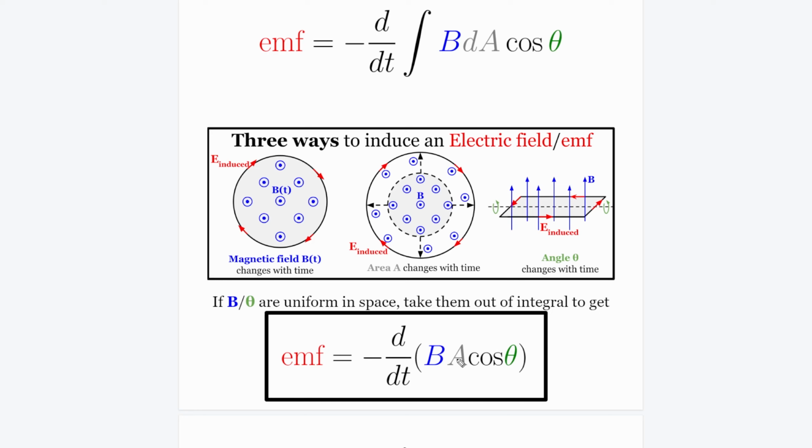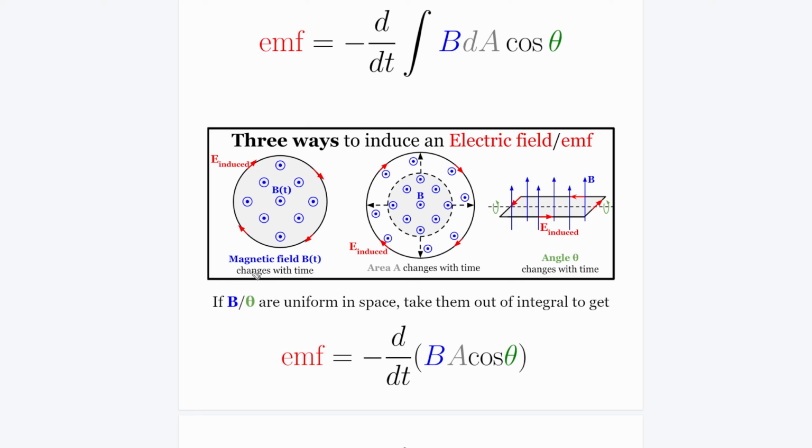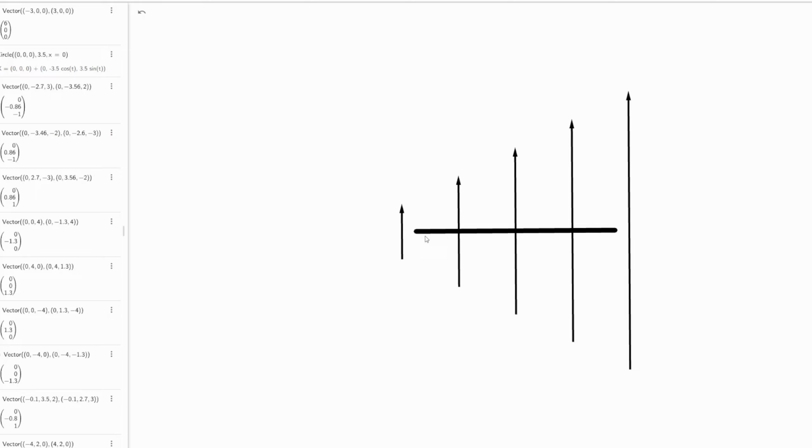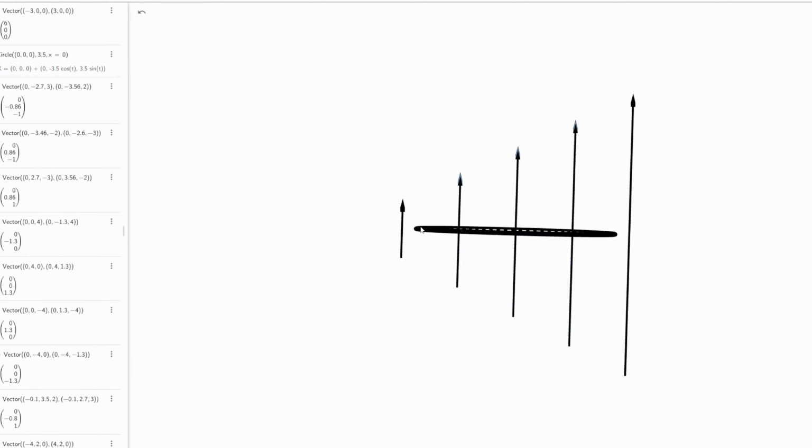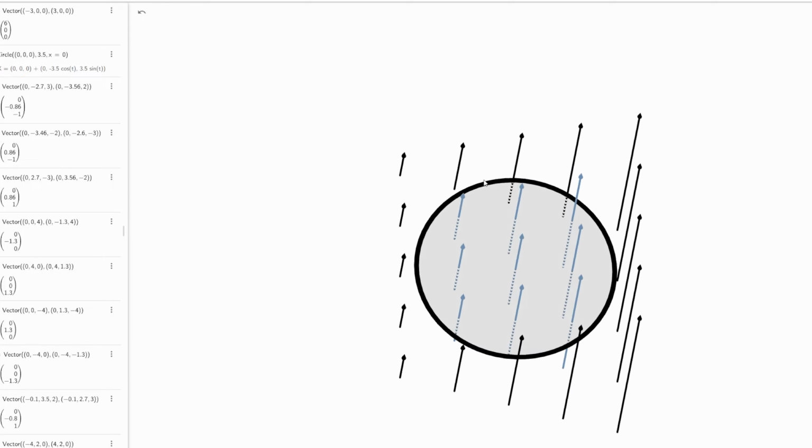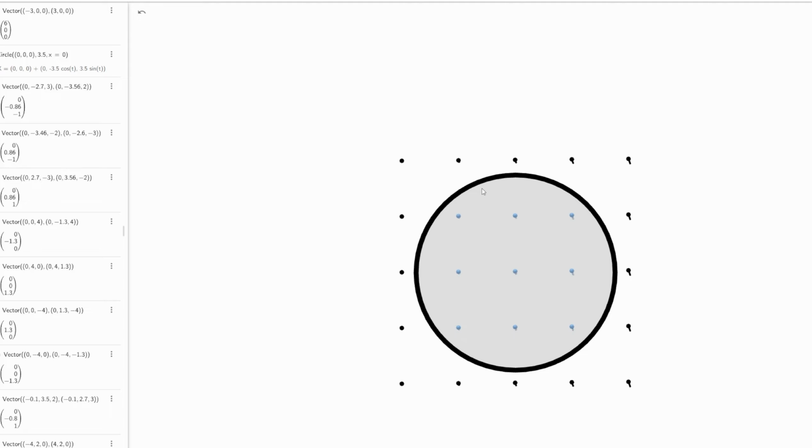When wouldn't you be able to do that? Well, if B is not uniform. What would that even look like? It would look like this. Look, here's a magnetic field that's not uniform in space. If I move to the right, my magnetic field's getting more and more intense. I'm representing that with longer line arrows. The other way you could represent it, from this direction, you can't really tell. You're like, dude, I can't tell if it's getting more intense.